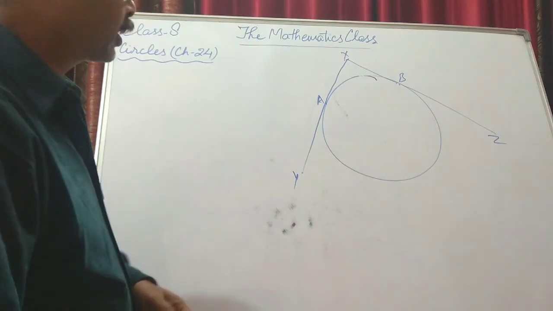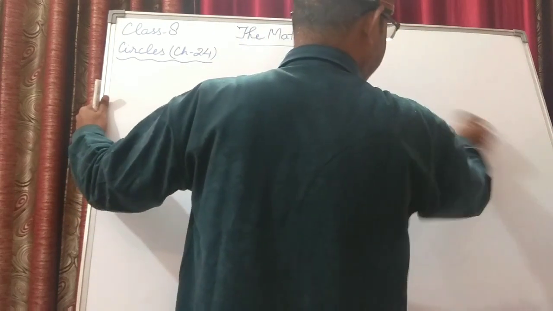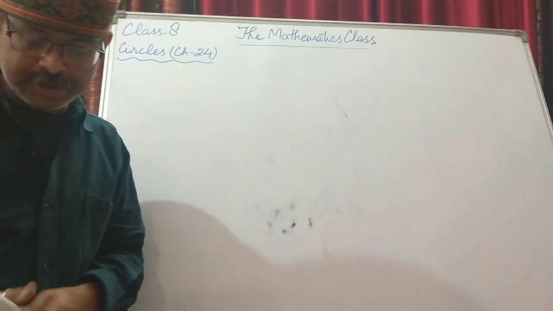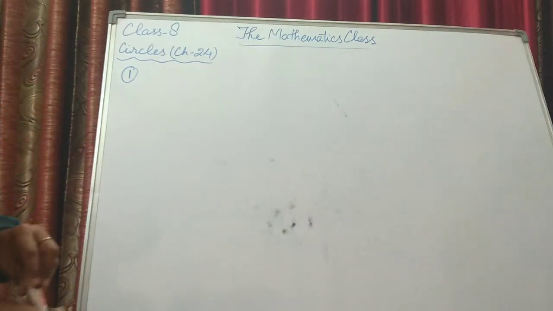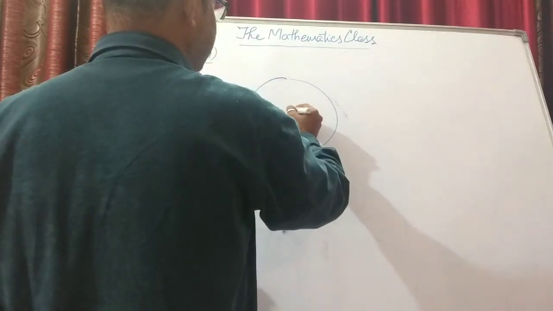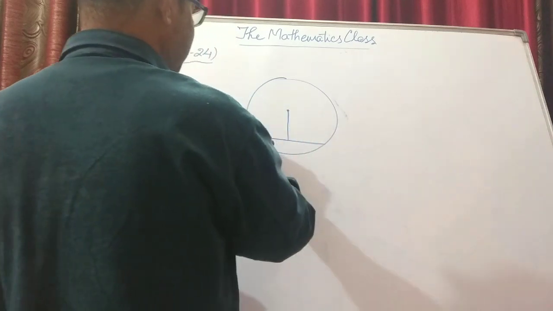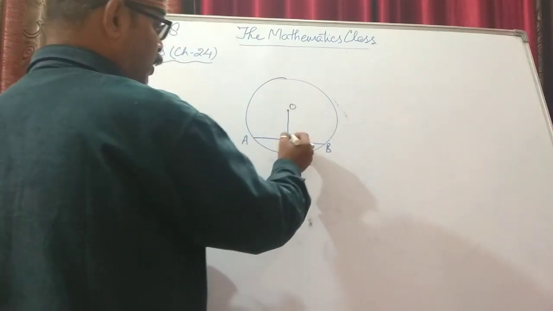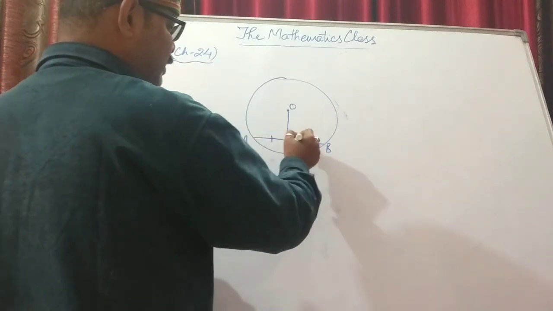So these were the important points that we need to understand. Now we move on to the exercise, but before the exercise there are a few more points that you need to know. First point is that the perpendicular from the center of the circle. Suppose this is a circle, AB is a chord, and this is the center O. From center O, if I draw a perpendicular on the chord, then it bisects the chord.